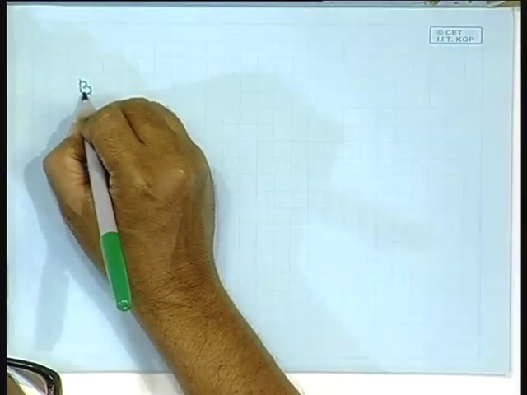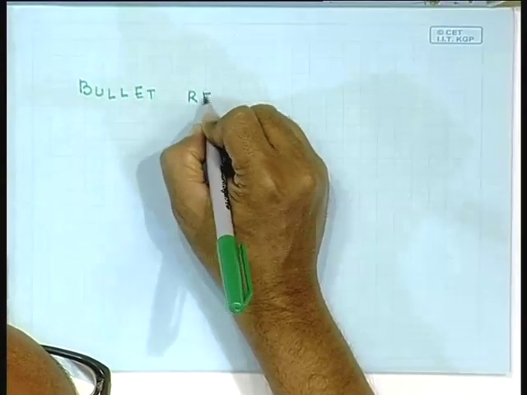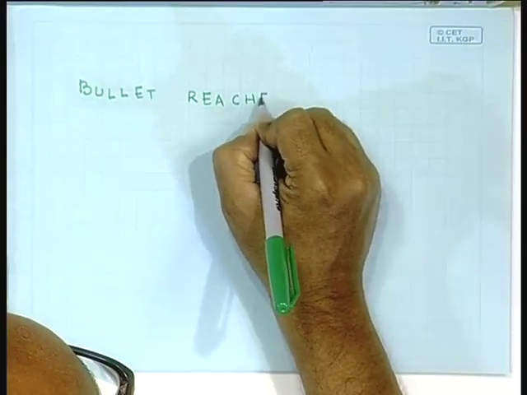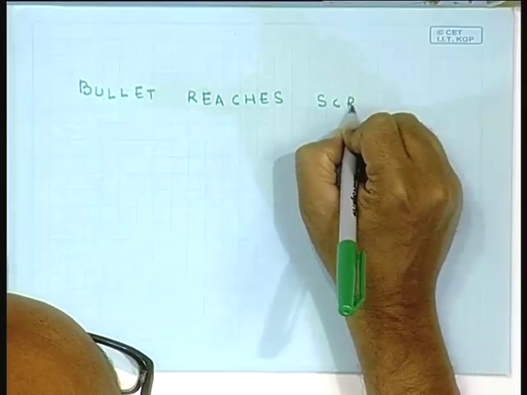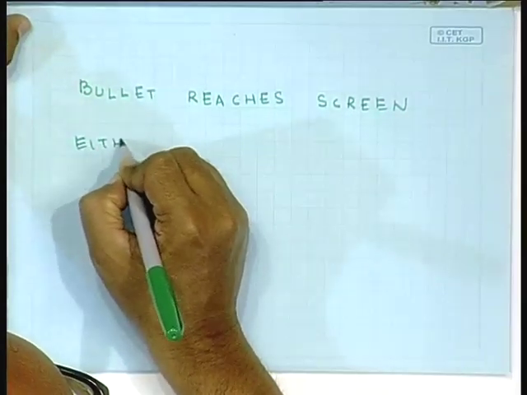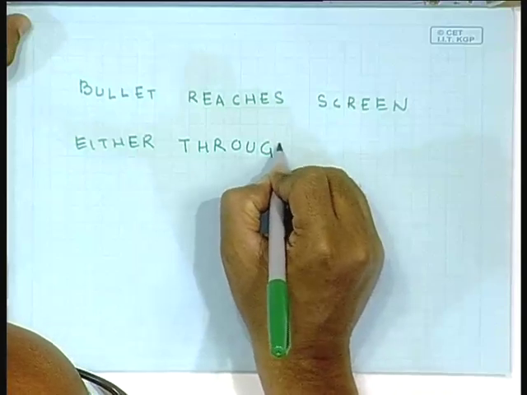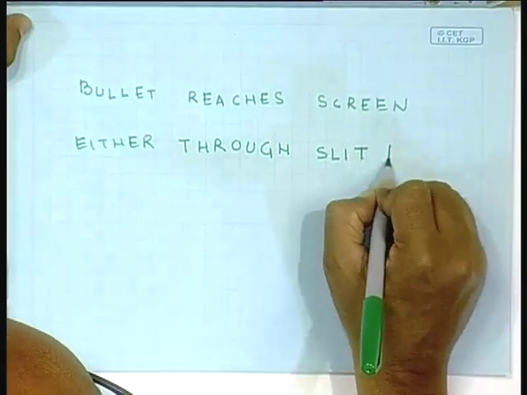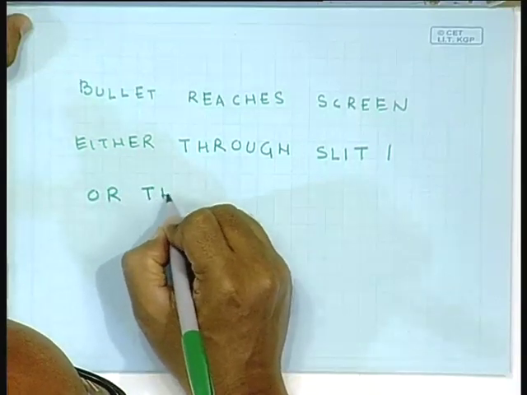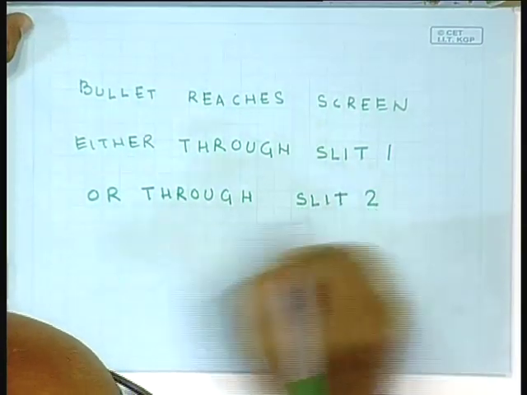So, when both slits are open, a bullet reaches the screen either through slit 1 or through slit 2, and these are mutually exclusive events.